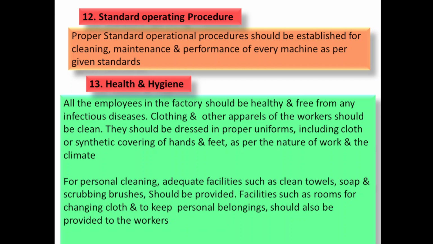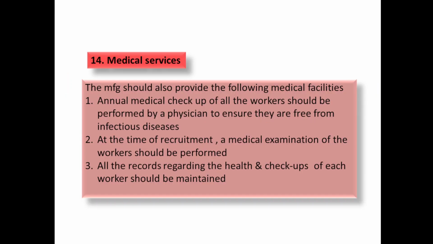For personal cleaning, adequate facilities such as clean towels, soap, scrubbing brushes should be provided, and facilities such as rooms for changing clothing and keeping personal belongings should also be provided to the workers. All these facilities should be provided to the workers.